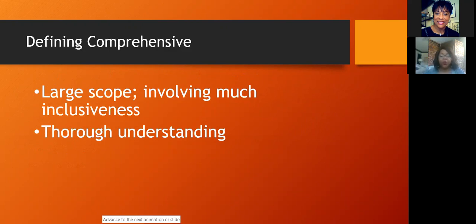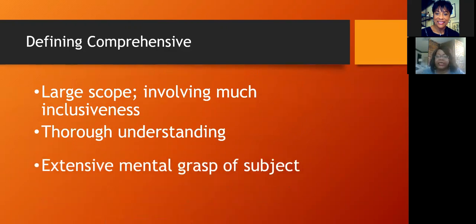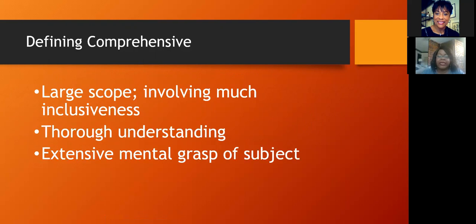And so what does that look like as far as workforce development is concerned? As we attach this definition, comprehensive services, to workforce development, it is actually a wide range of information. It requires that this extensive mental grasp causes you to think outside of the box.